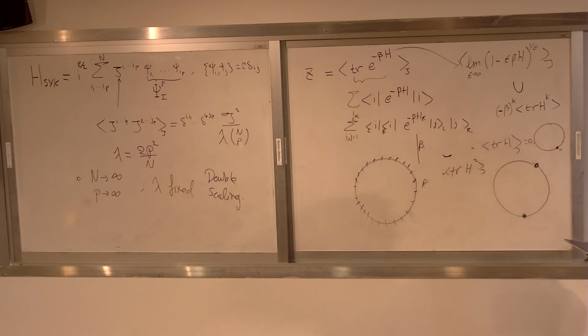Now we can get something which is not so trivial. This thing comes with a coupling J I1, capital I1, and here there's a coupling J I2.